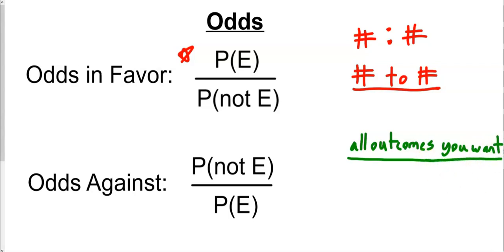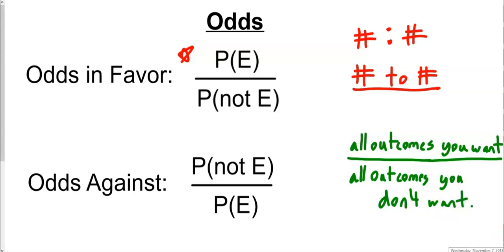Think about it as the number of ways you can win. On the bottom goes all the outcomes you don't want. Okay? That's really what odds are about.